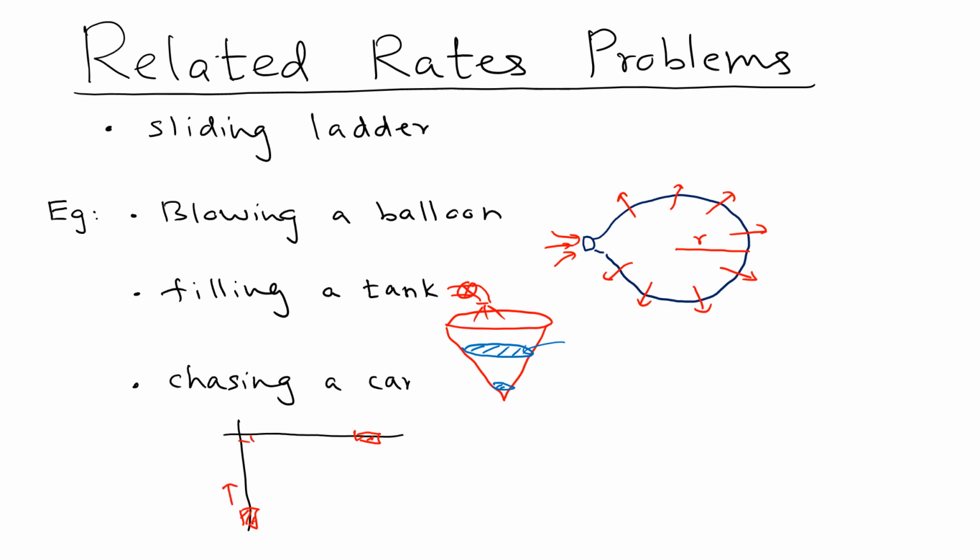The distance between them changes with respect to time, and we can ask many questions in a situation like that. Things can be more difficult if they are not perpendicular, if there's an angle. Then we might need the cosine rule or sine rule for a problem like that. Okay, let's look at the next type.